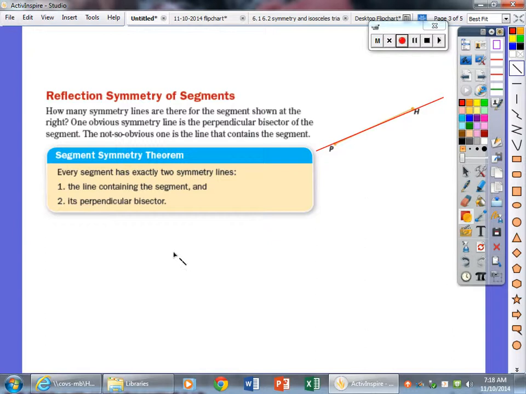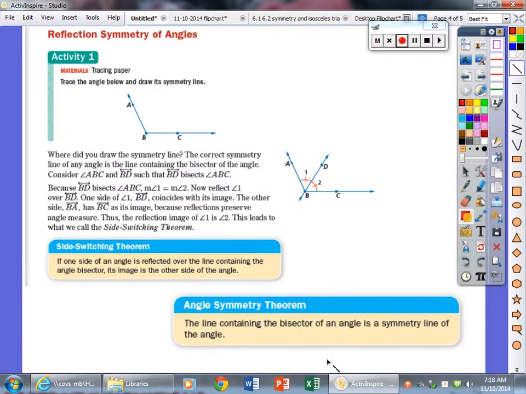I know it seems a little counterintuitive to what you would normally think, but a segment does have two lines of reflection. One's a perpendicular bisector, and the other is the line that contains the segment. This is an activity. We're going to do some activities with Geometer Sketchpad in class tomorrow.